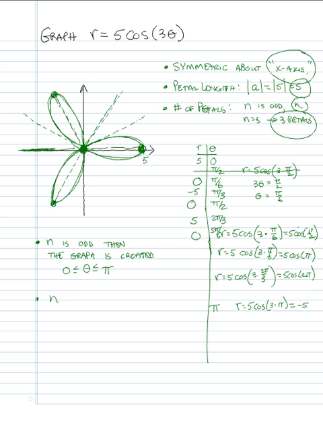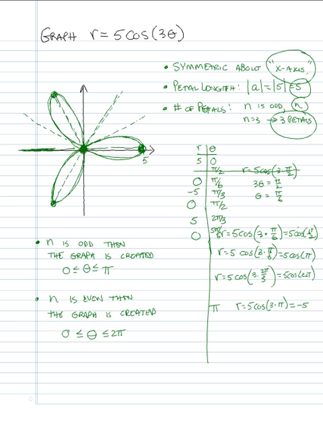If n is even, then the graph is created with thetas that have to go from 0 to 2 pi. So it takes more thetas to create it, more values of theta, a bigger interval, okay? Well, that's interesting maybe when we start worrying about things in the next section of the book.